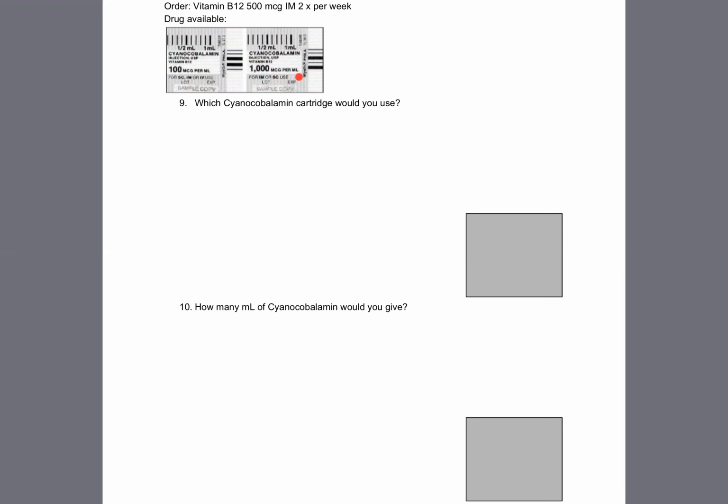So think about when you're giving an injection to a patient, would you want to give more volume or less volume? Ideally, you want to give less volume so that it's faster, quicker, and it takes less time. So in number 9, the cartridge that you would use would be 1,000 micrograms per ml.